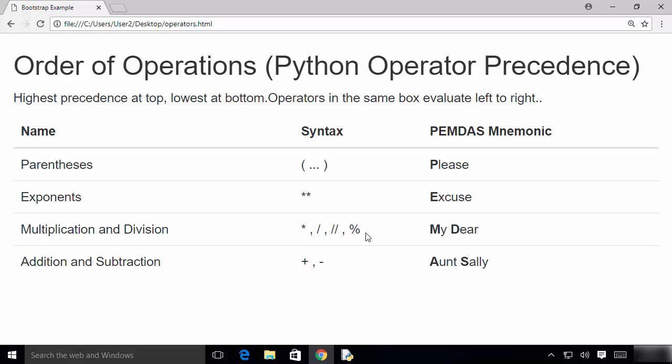But whenever you use operators which are in the same box in the same expression, then whatever operator you use on the left has the higher priority, and whatever operator you use on the right has the lower priority.